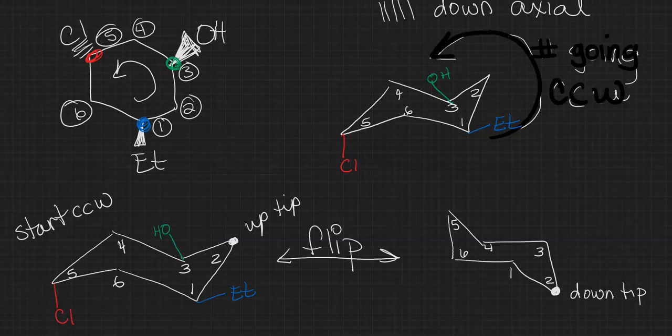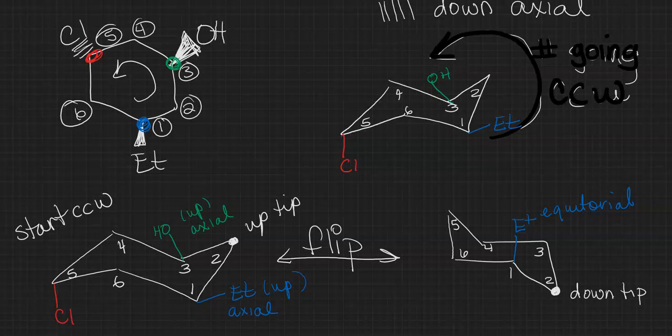You'll notice here, my ethyl is up. So when I draw it on my structure 1, I want to draw it up. But remember what we said. Here is axial, so here it becomes equatorial. I look at position 3, and my OH is up, and it's axial.